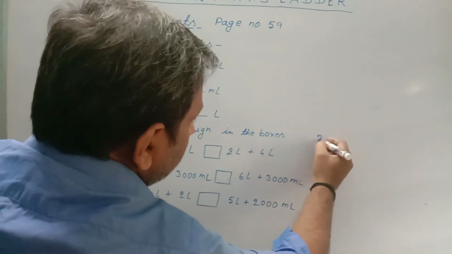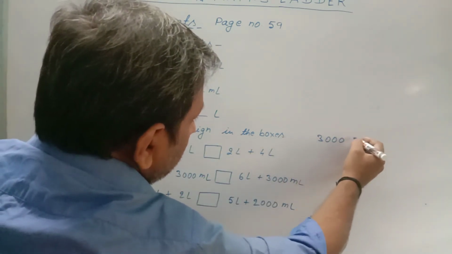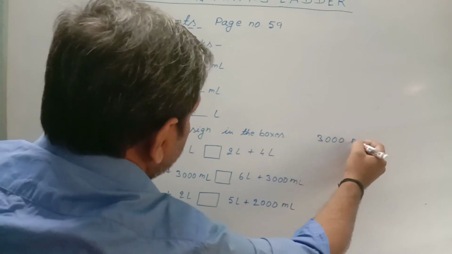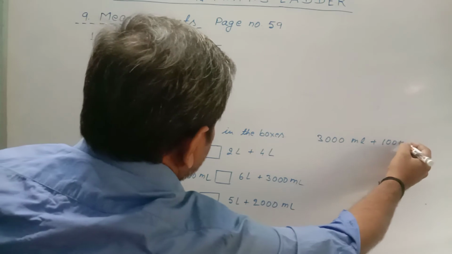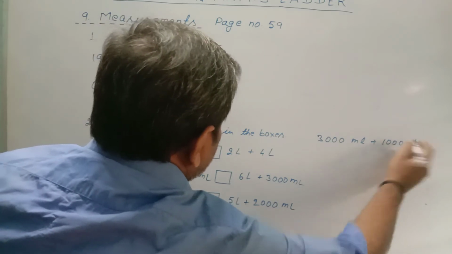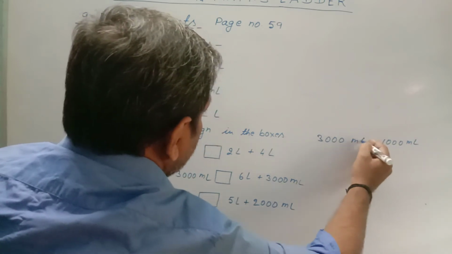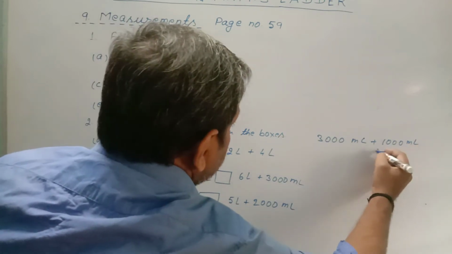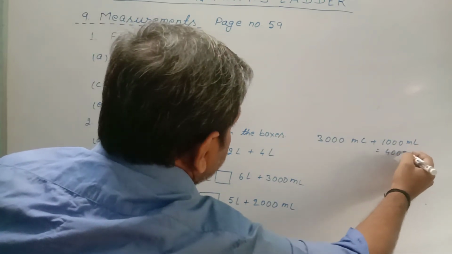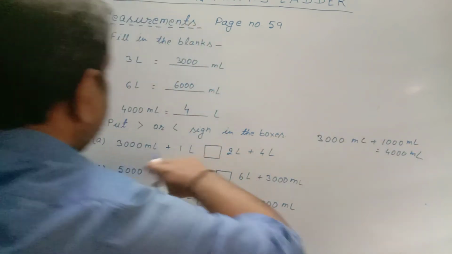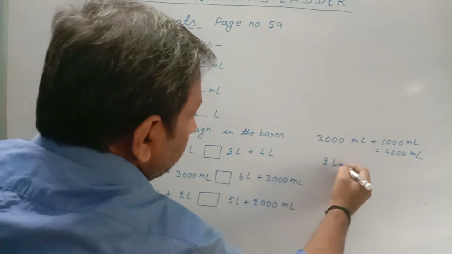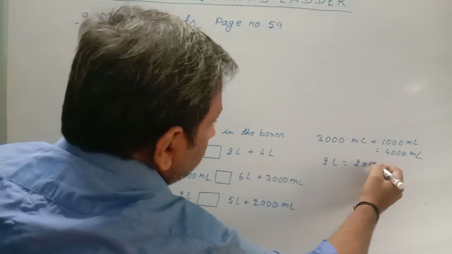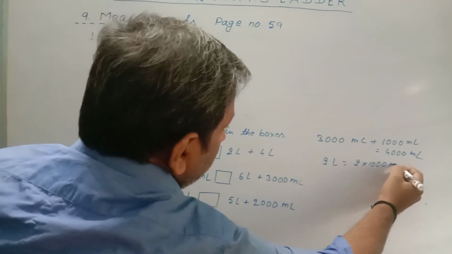So this became 3000 milliliter plus 1000 milliliter. So this became 4000 milliliter. This side became 4000 milliliter, and that side 2 liter equal to 2 into 1000 milliliter.